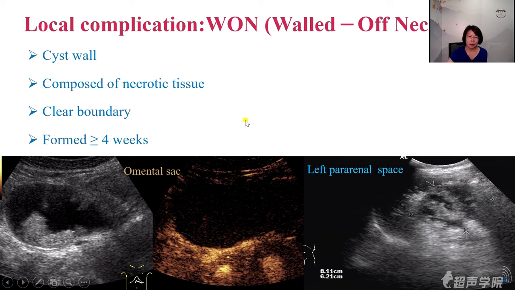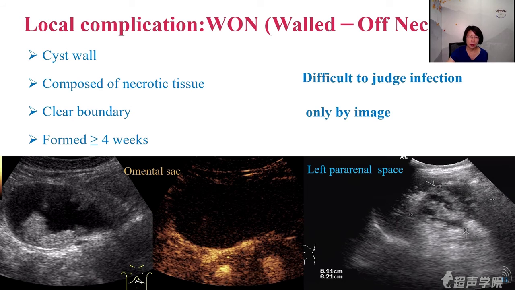Once the ANC or WON was found, it means this patient is severe acute pancreatitis. All of these 4 kinds of local complications can be detected, especially ANC and WON, but it is difficult to judge the infection only by image.